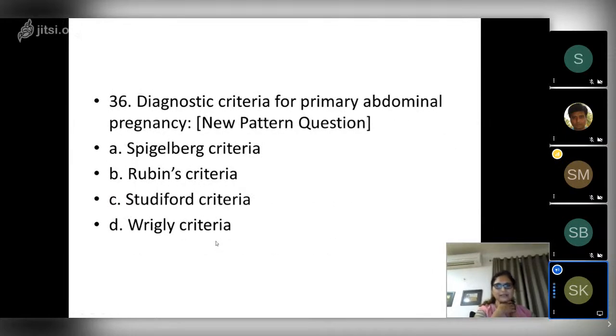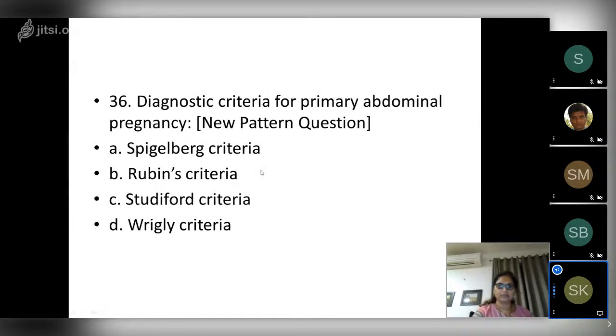Now, next one, diagnostic criteria for primary abdominal pregnancy. Now, there are a lot of criteria you should be remembering in ectopic pregnancy, and a few questions have been asked on this. It's quite confusing, so it is always important that you make points on this and remember each of these criteria used for diagnosis of different types of ectopic pregnancies.